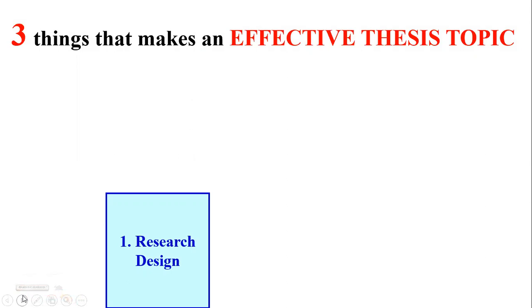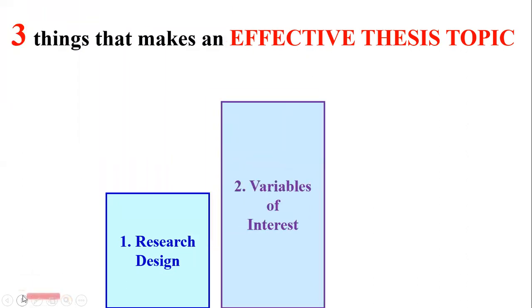The specific action verb tells us which research design you opt for in your study, for your research, for your thesis, right? The next most important thing is variables of interest, because your problem has some specific name, which in research is called the variable of interest, right?